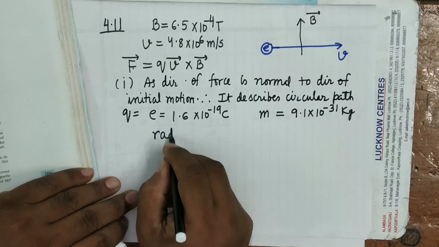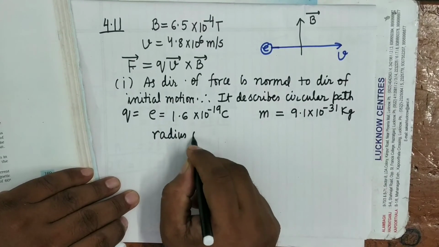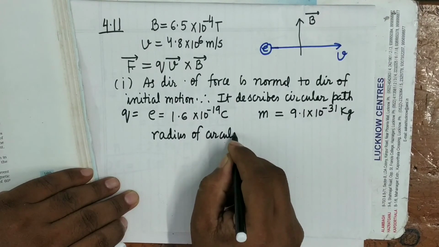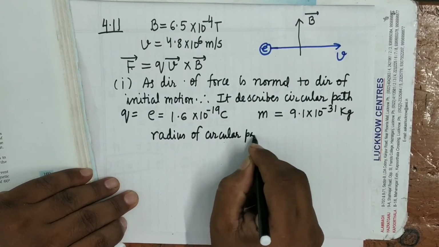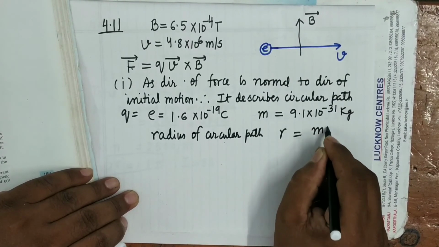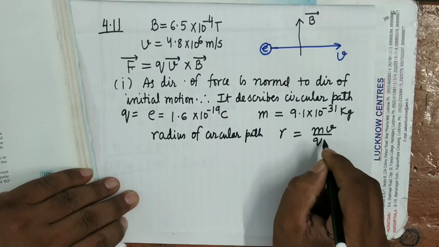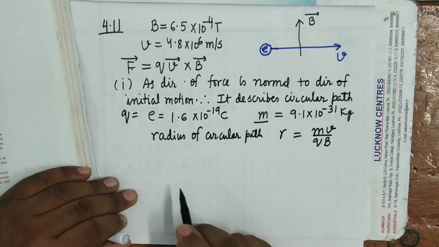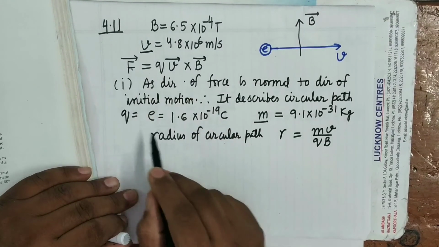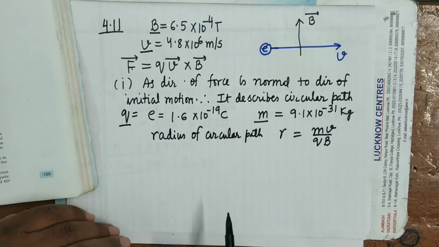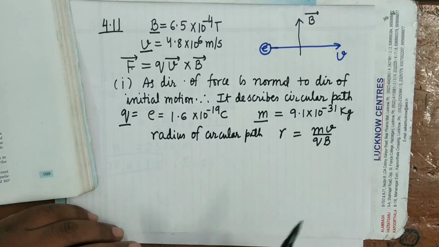So radius of circular path will be R equals mv upon qB. Now everything is given: m is given, v is given here, q is this, and B is this, so you can find it. It's clear. So this I am not doing.